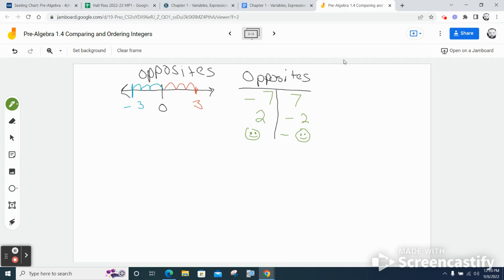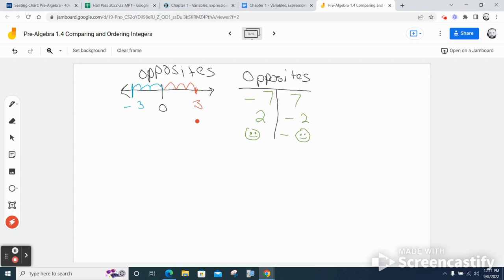So in this particular case, let me give you an example. If I'm at -7, what's the opposite of -7? +7. If I'm at +2, what's the opposite of +2? -2. If I'm at smiley face, what's the opposite of positive smiley face? Negative smiley face. Does that make sense? -3 and 3 are opposites.